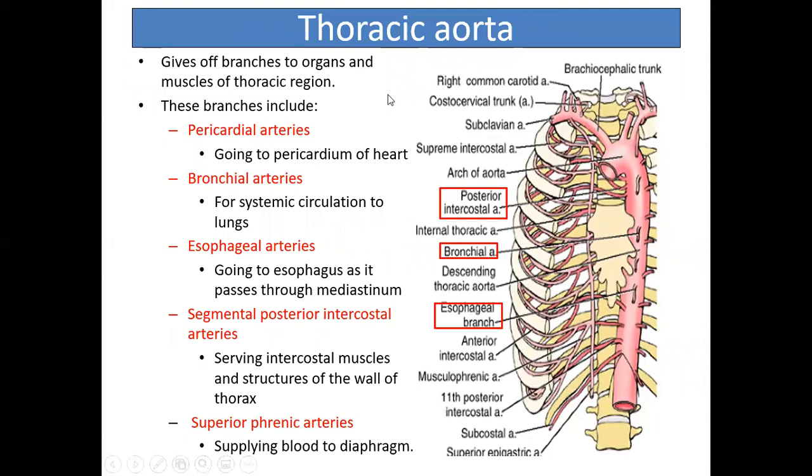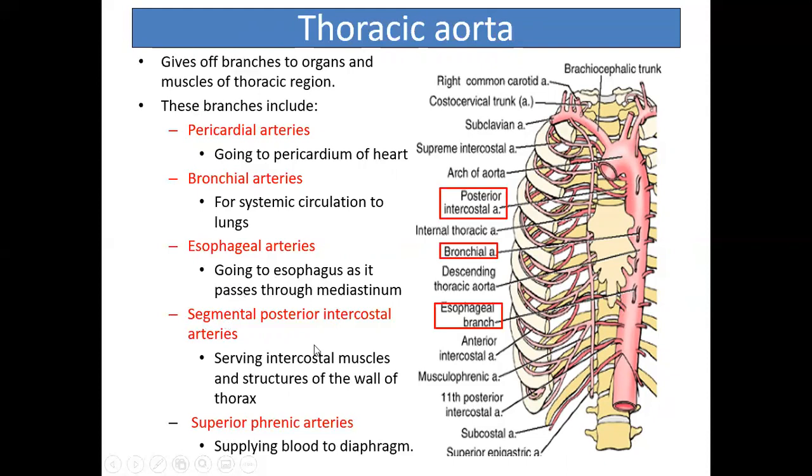So we have several branches that arise from the thoracic aorta. We have the pericardial artery that supplies the pericardium of the heart. We also have the bronchial artery, which is important for the systemic circulation to the lung. We also have the esophageal artery that goes to the esophagus as it passes through the mediastinum.